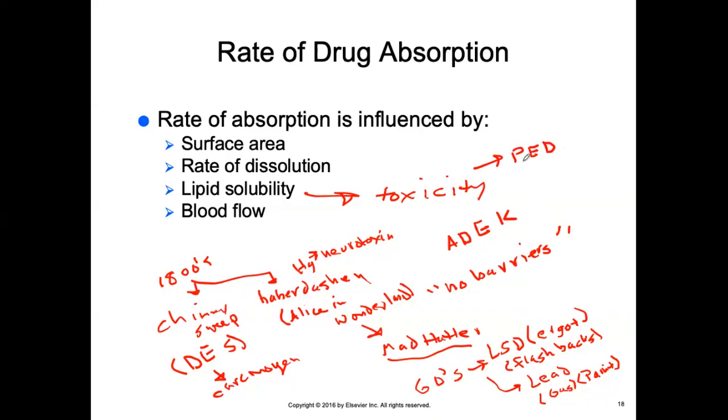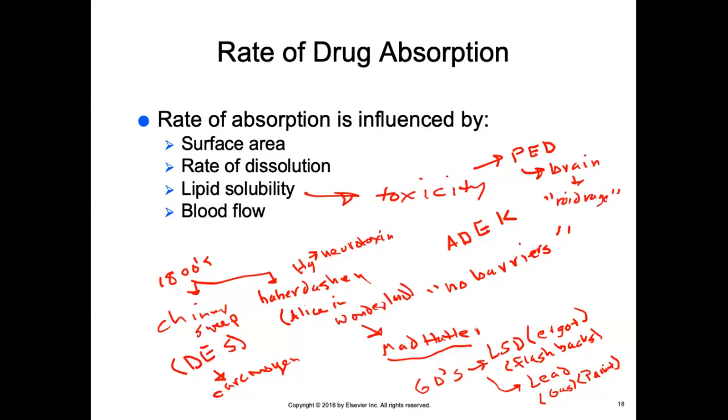The problem is because it's lipid soluble, it can go into the brain and can affect brain function. You've probably heard the term roid rage. That's an example of a toxic effect of anabolic steroids. You have to be careful with these things.